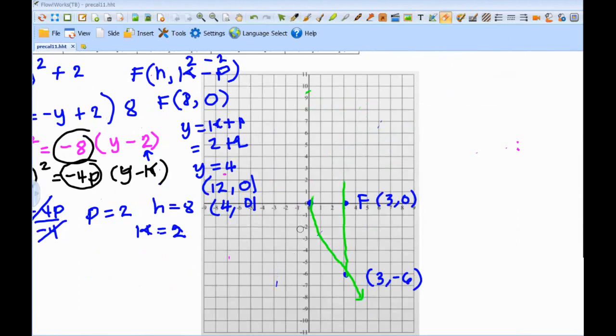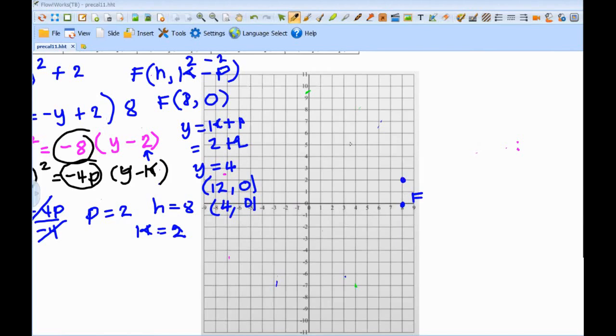So what is our focus? Does this open upward, downward, right, or left? The focus is at 8, 0. Now the vertex is at H, K: 8, 2.